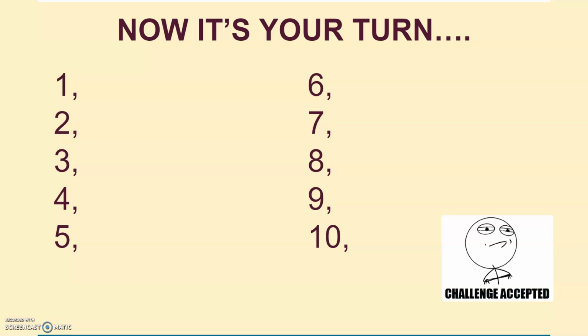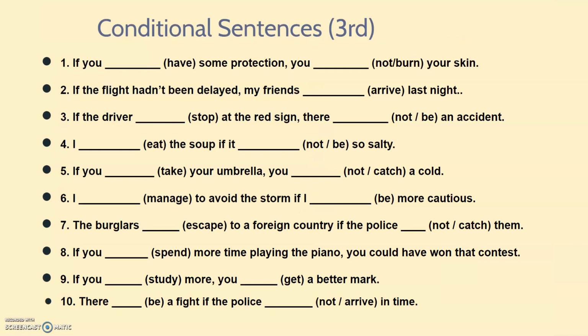And here are those 10 sentences. The answers for these 10 sentences will be in the description of this YouTube video, so you can press pause, write down your answers, and then check them in the description below.